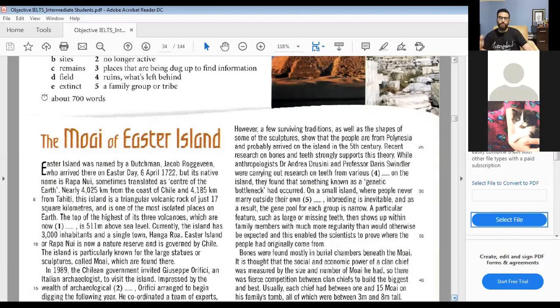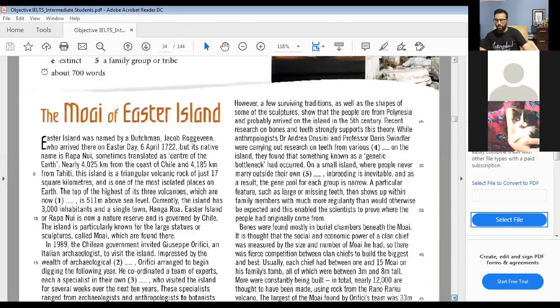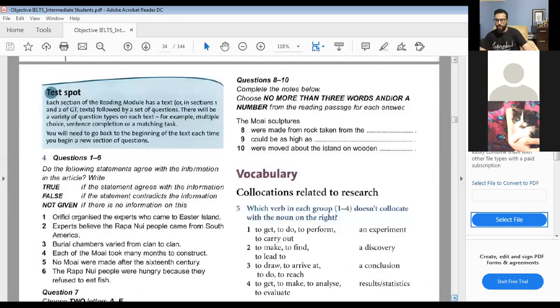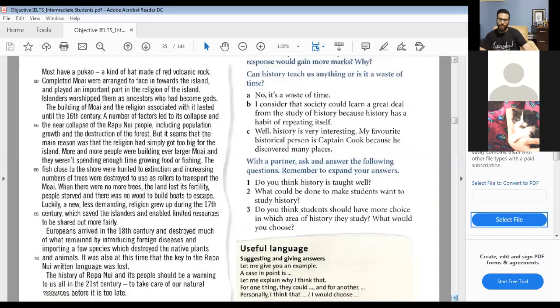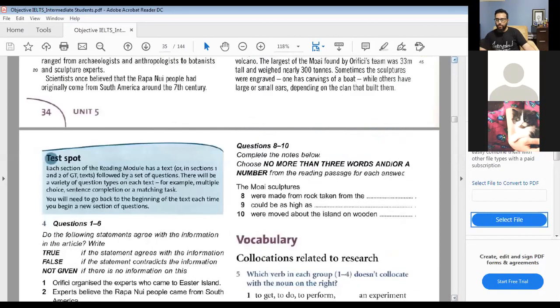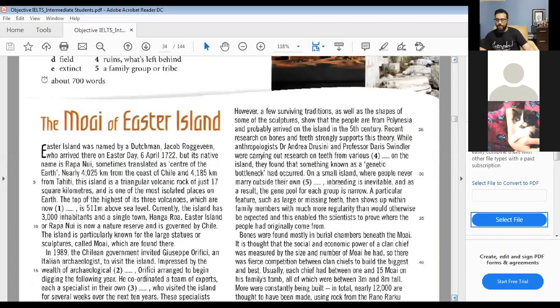But if you remember last lesson, we discussed skimming, and we decided it's a good idea to practice this. So there's one last paragraph here. I'd like you to skim this.